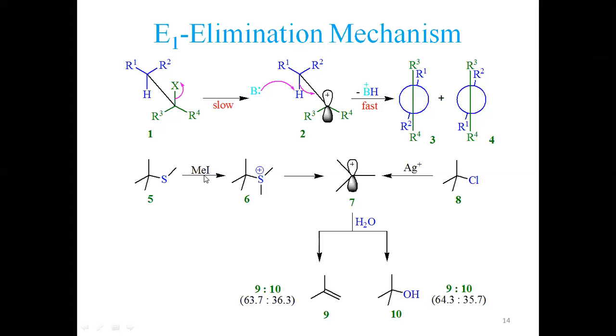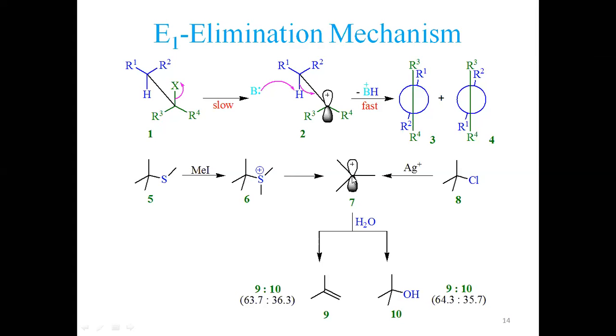Because sulfur has attracted one bonding electron pair, it obtains a positive charge here. Now it is making a good leaving group. Now this leaves this molecule as dimethyl thioether. It leaves, and we shall get a positive charge here. This positive charge is the tertiary carbocation.